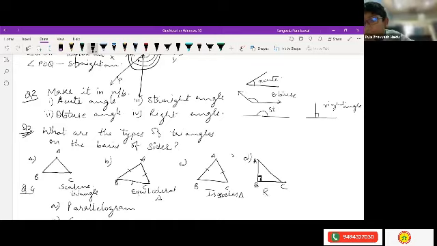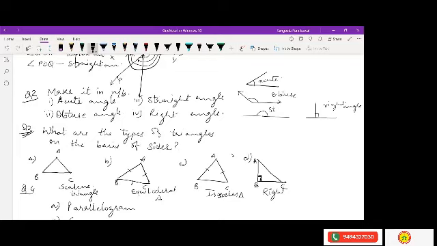So don't be afraid of saying the answer. This is a right angled triangle. Or you can even say right triangle, because there is a right angle in the center.